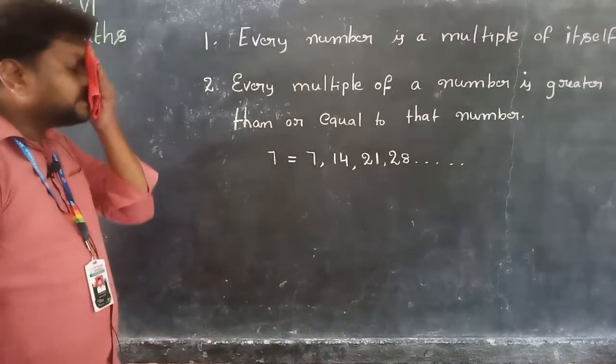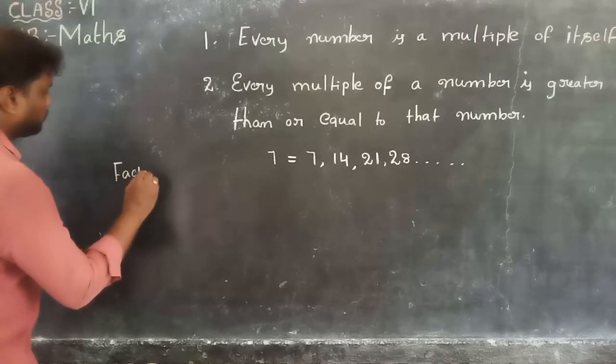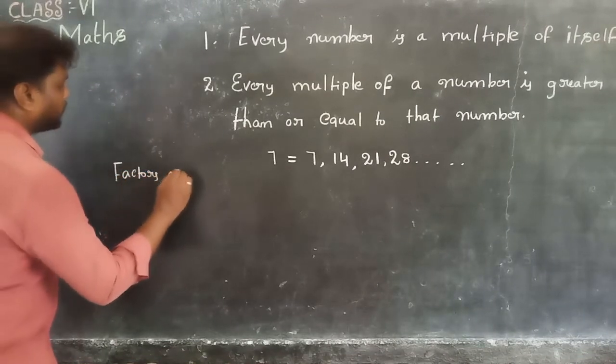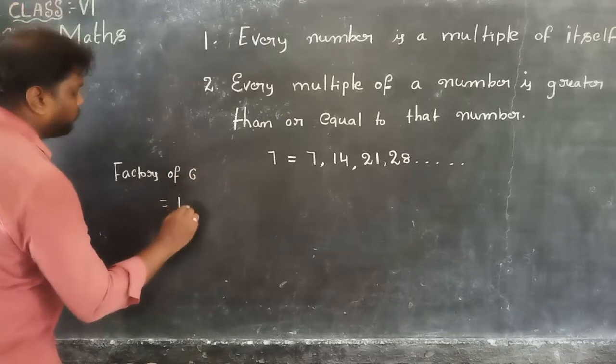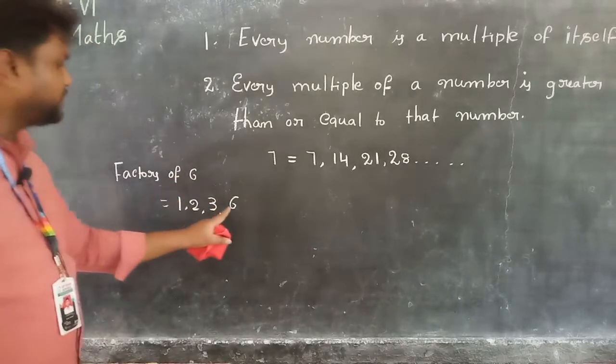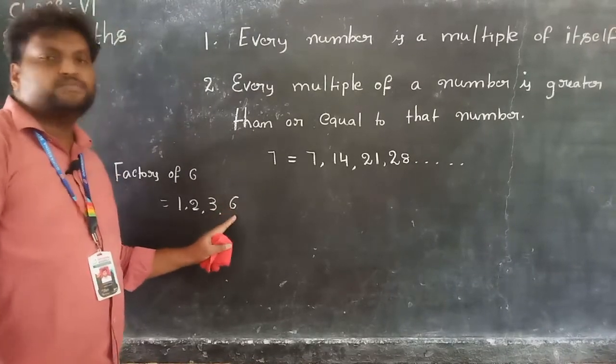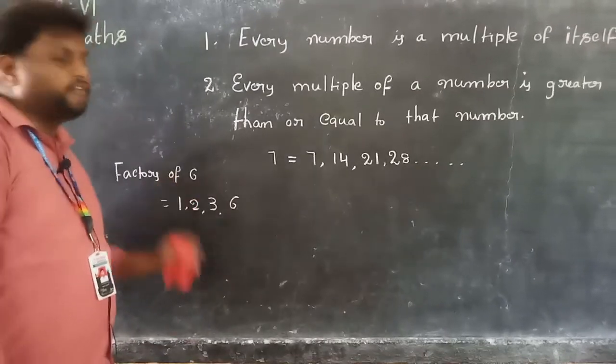In factors, for example, what are the factors of 6? 1, 2, 3, 6. In the factors of 6, 6 is the highest value, and 6 is one of the factors, equal to the given number.